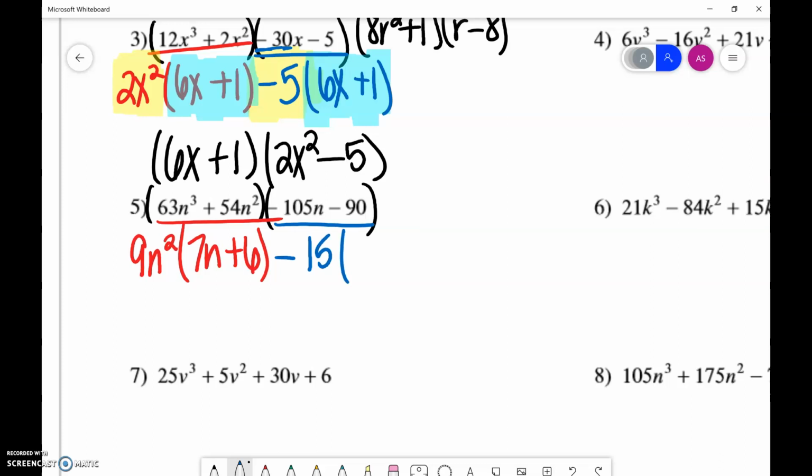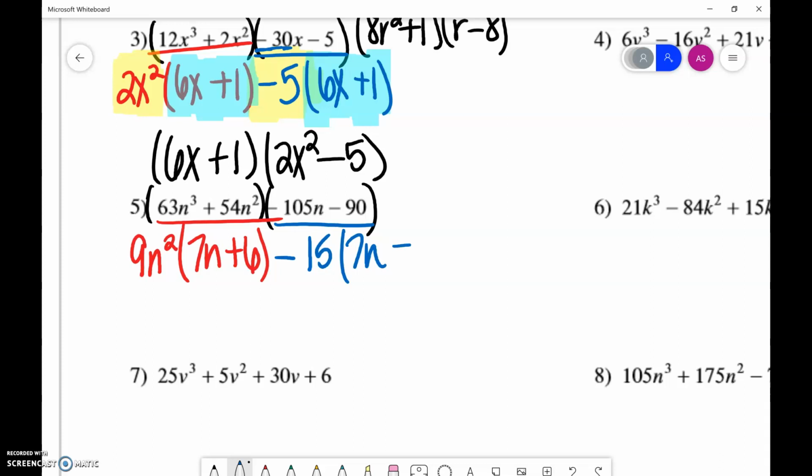Okay, then I'm going to ask myself, negative 15 times what will give me 105? That's going to be, let me get my calculator. That would be 7n. And then negative 15 times what will give me negative 90?